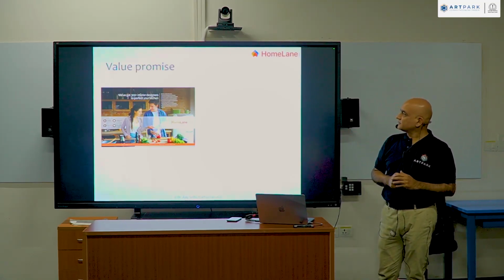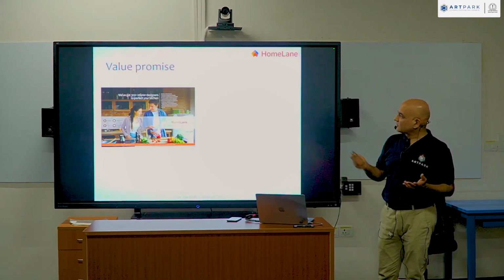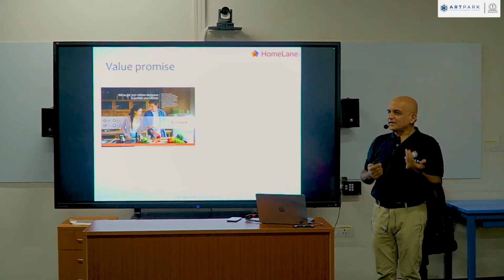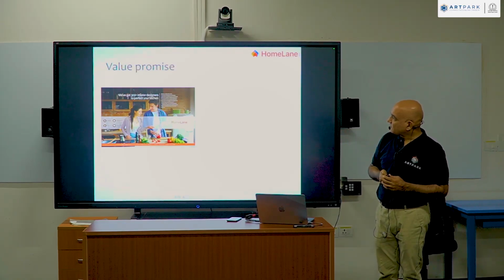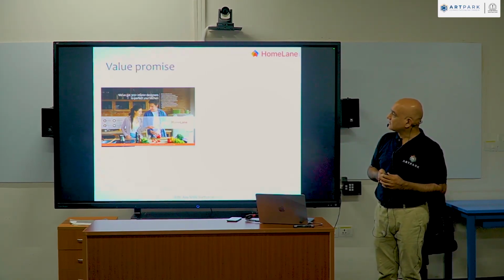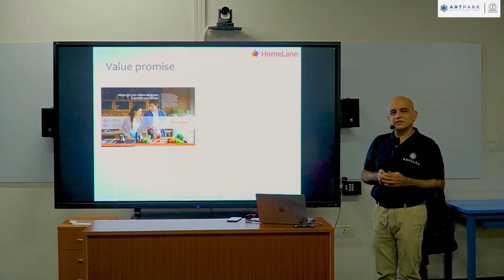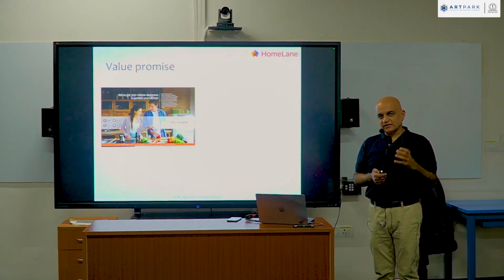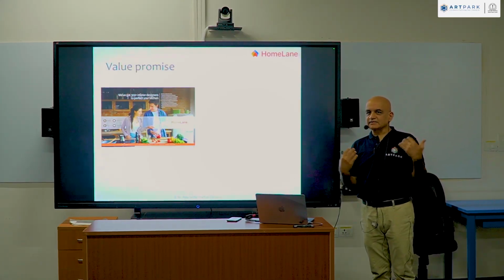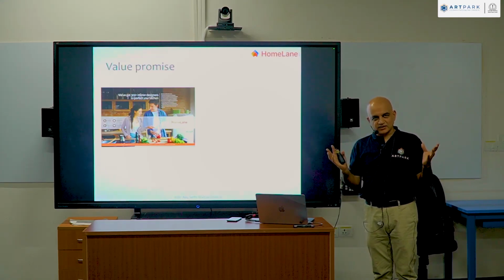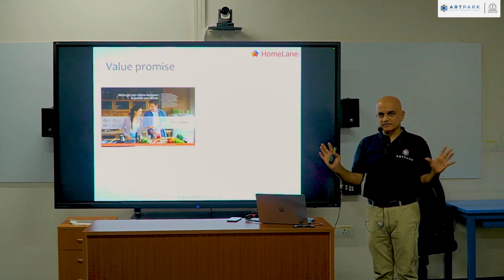So what HomeLane did was experiment with different value promises. Here's one of them, which says we have got 300 plus interior designers to perfect your kitchen. What they're saying is that, of course, we are a digital or tech-first company. We have standardized all the processes.